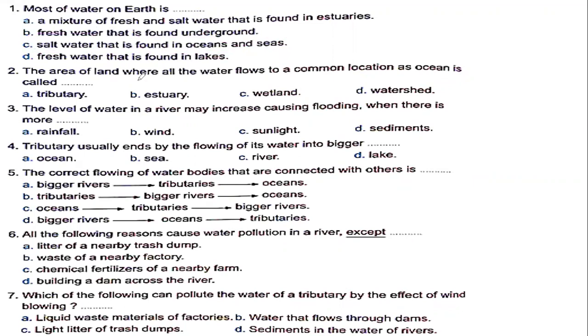The area of land where all the water flows to a common location. All water flows to a common location. كل الووتر هيجي في اللوكيشن ده. يبقى ده على طول بيتكلم على ايه؟ Watershed. لما يقول لي all water flow to common location يبقى على طول بيتكلم على ايه؟ Watershed.